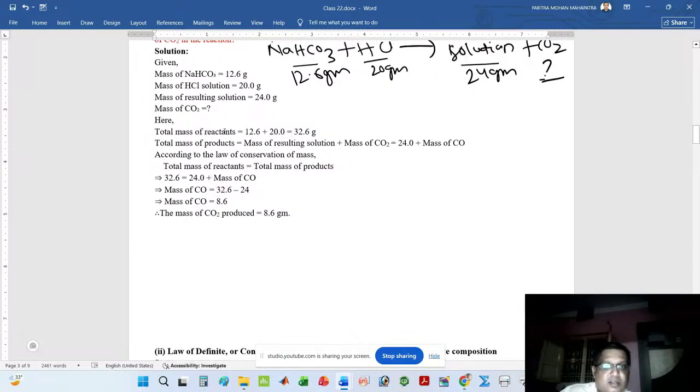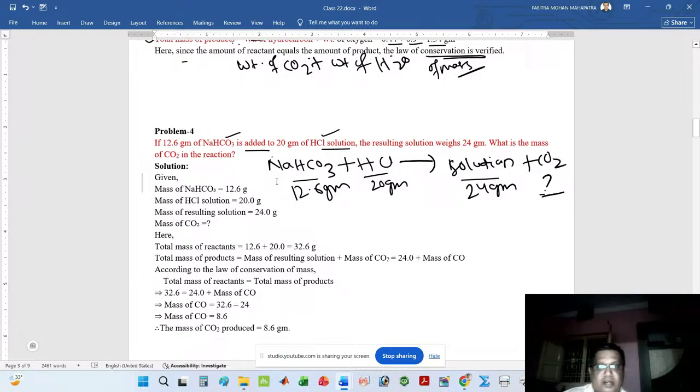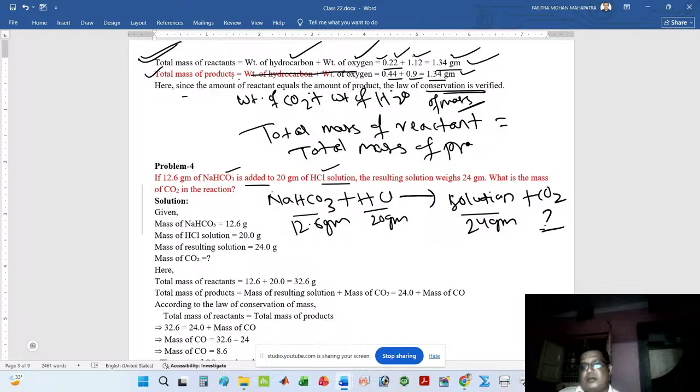If the reaction obeys the law of conservation of mass, here we can say that total mass of the reactant equal to total mass of product. Here the total mass of reactant means NaHCO3 plus HCl. Total mass of product means weight of solution plus carbon dioxide.